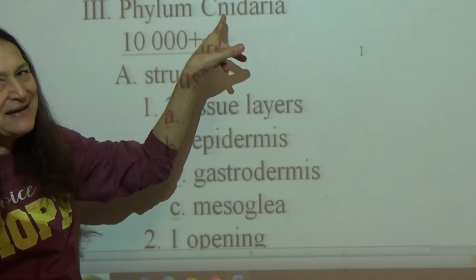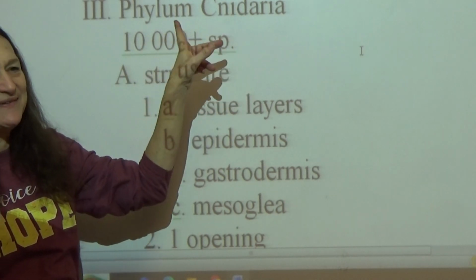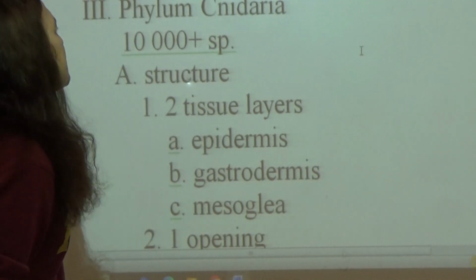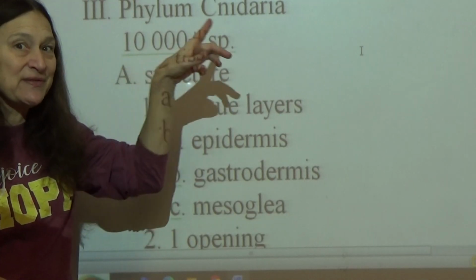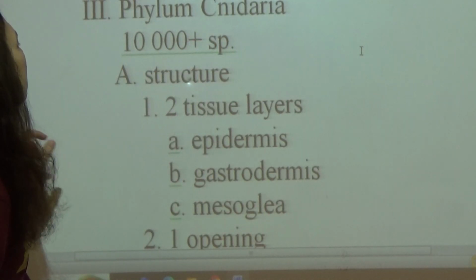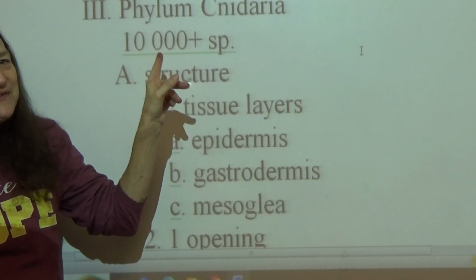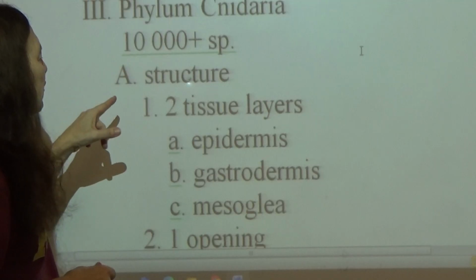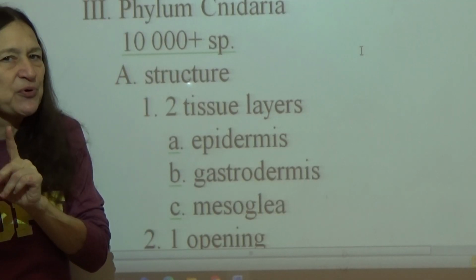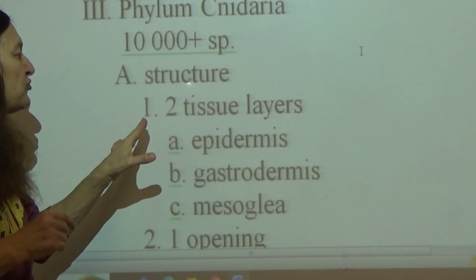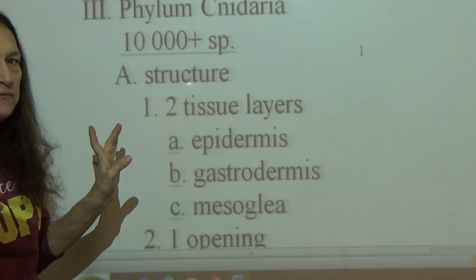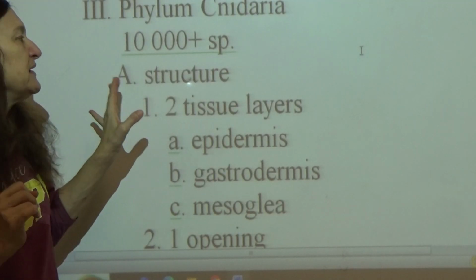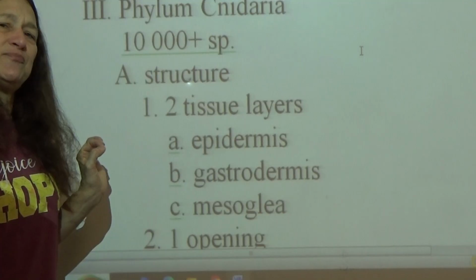Cnidaria. Cnidaria. Do not pronounce the C. It's Cnidaria. All right. And you're going to see where this name comes from. 10,000 plus species. Structure. Now, remember the Porifera were 2 cell layers. The Cnidaria are a little more complex.